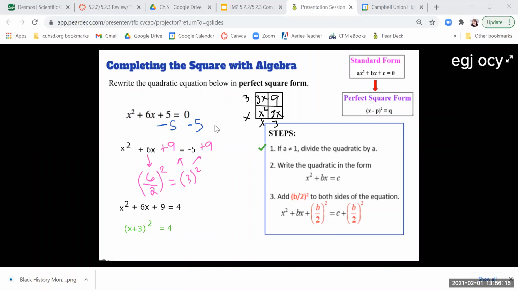We subtracted 5 on both sides and left a blank, so now we had taken care of step 2 and left space for the number we really want that completes the square. And then we used our b over 2 squared and added that in on both sides, which was our 9, in order to get our perfect square form. And then we factored the left-hand side. Boom. And now we have factored form.